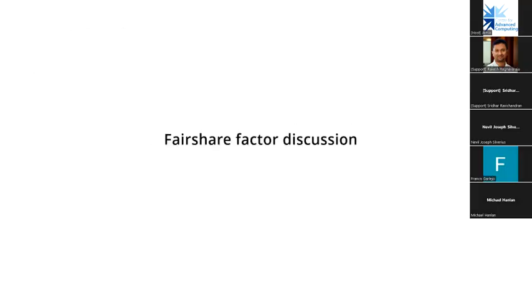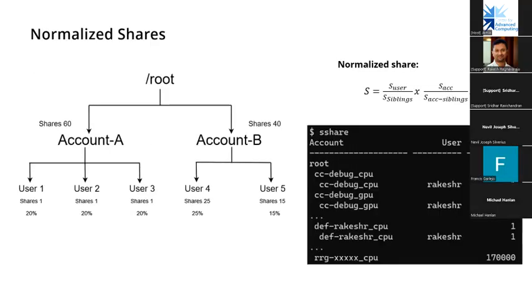If I come to the fair share discussion, the amount of shares allocated to the user is done in a hierarchical way. Essentially, we have a root which has 100% of the shares in the system, and then we have several accounts defined under it.